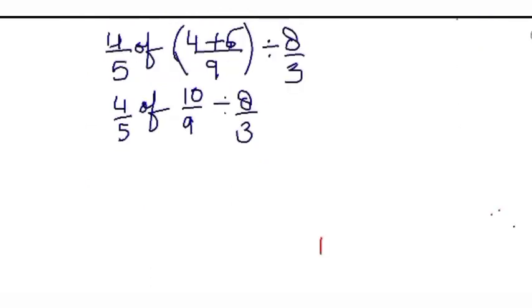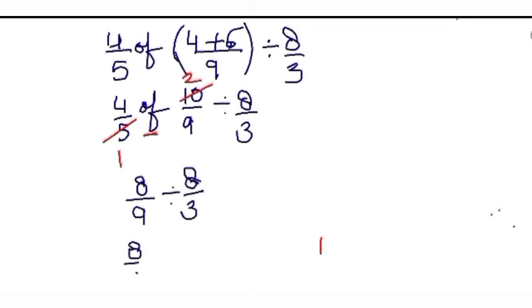Now after bracket, in the preceding order of BODMAS, what comes? 'Of'. So we will solve it. 5 1s are 5, 5 2s are 10. So it becomes 4 2s are 8 upon 9 1s are 9 divided by 8 upon 3.